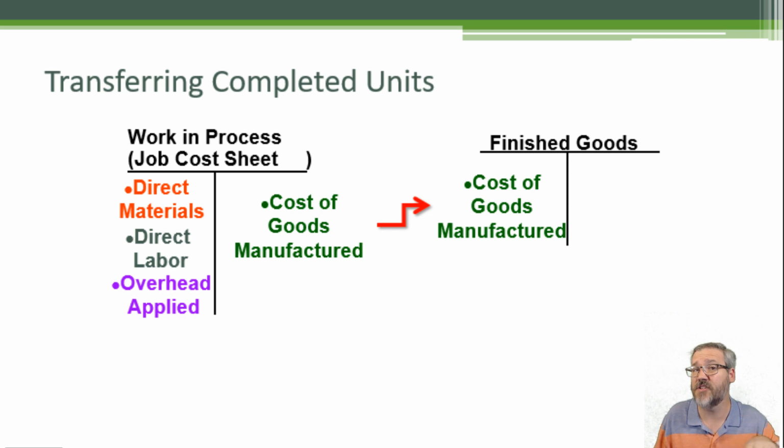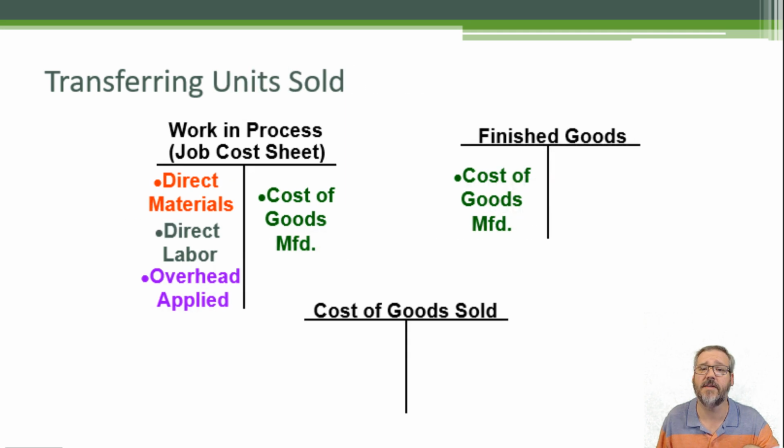I'm going to credit it really just once to get rid of all these things on the left-hand side. I'm going to put one entry on the right-hand side to get rid of all that. And then I'm going to put a debit entry into finished goods to show the amount of value that went into this house, and it's going to sit there in finished goods until it's sold.